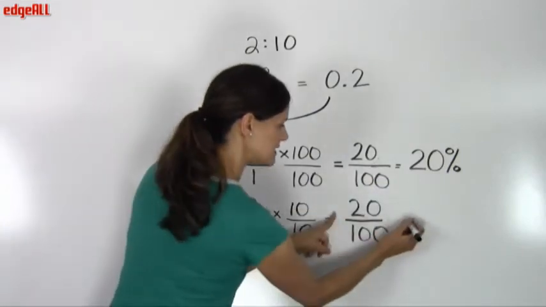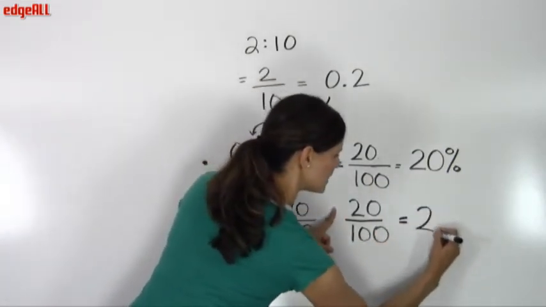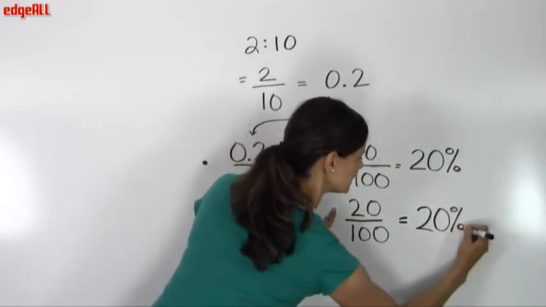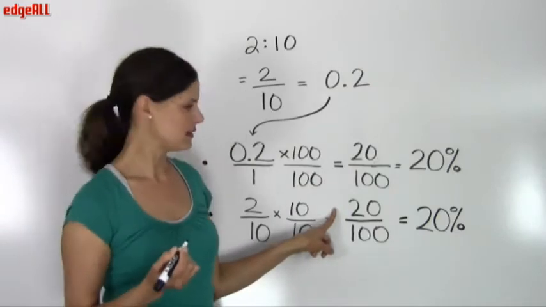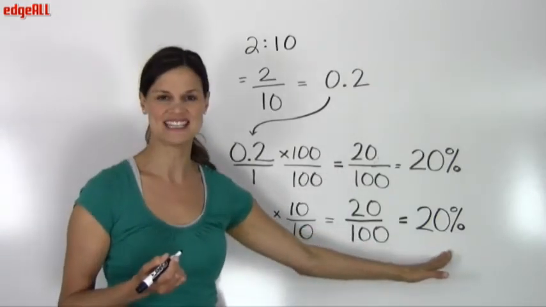In the same case down here, we could rewrite this 20 over 100 as 20%. In both of these cases, we've converted this to a percentage.